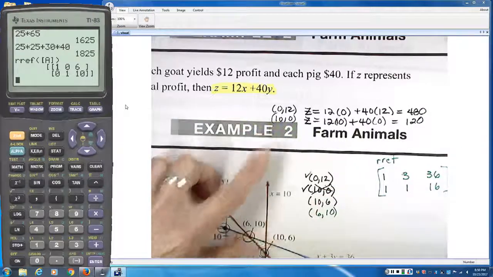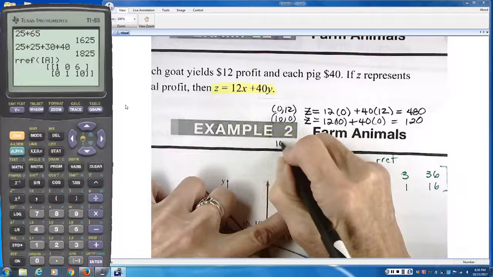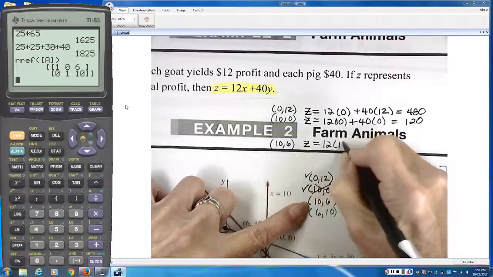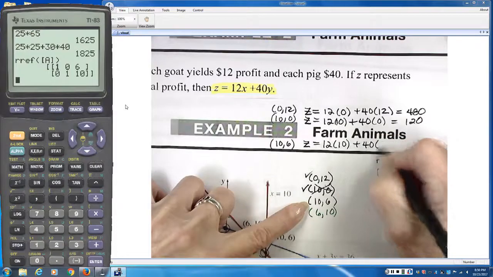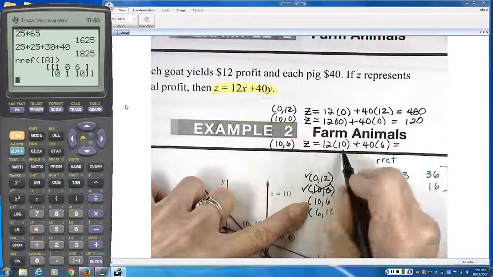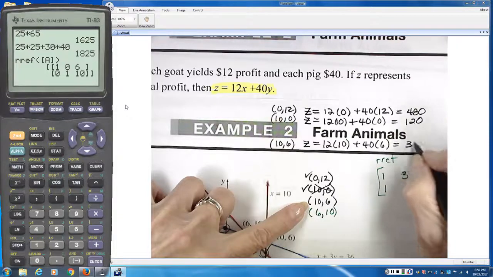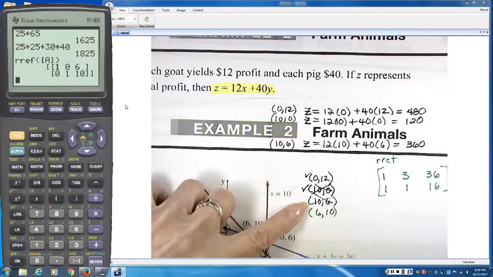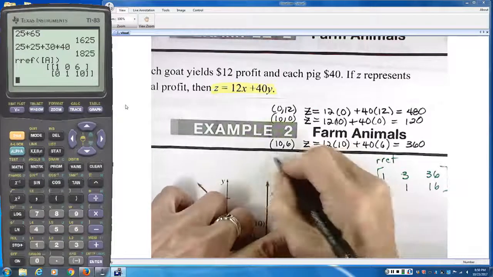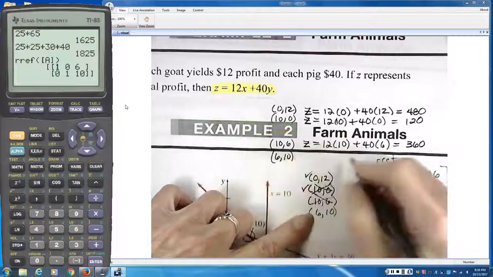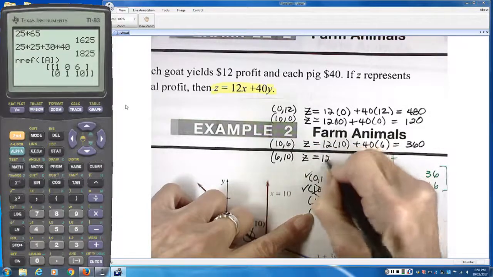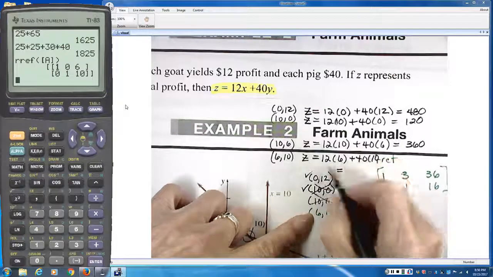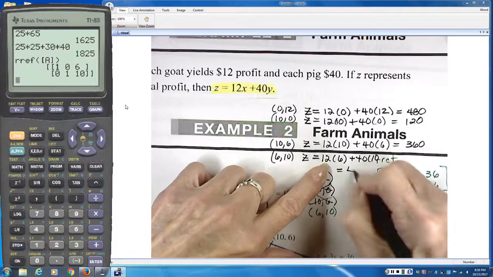We already know that. 10, 6 is going to be 120 plus 240 is 360. So this one's still good so far. So the last one is 6, 10. So this is 72, and that's 400. That would be 472.